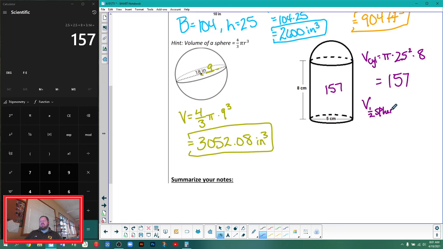sphere is going to be half of 4/3 pi times my 2.5 radius cubed.